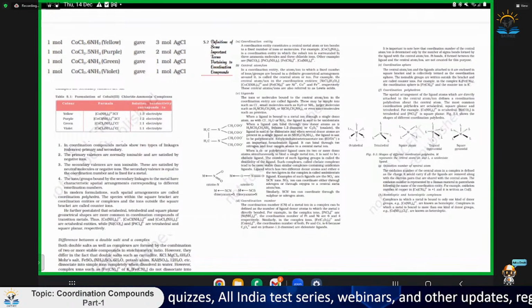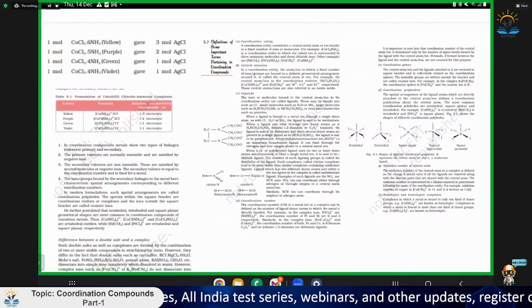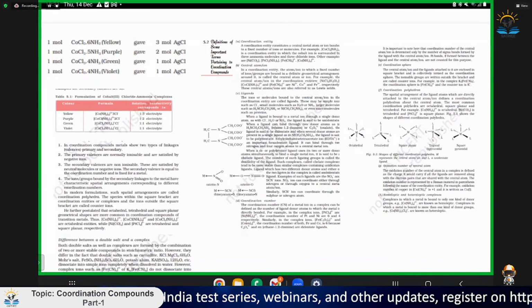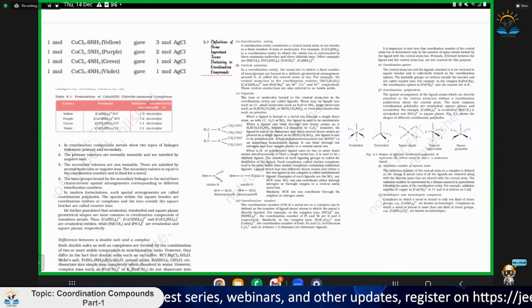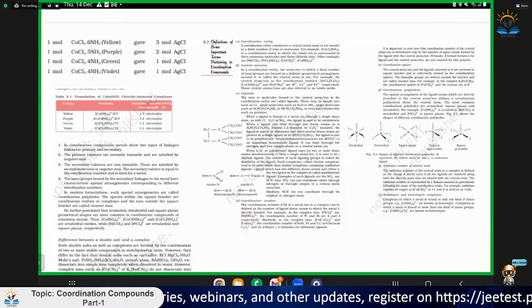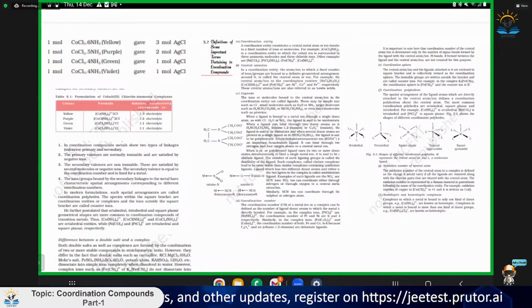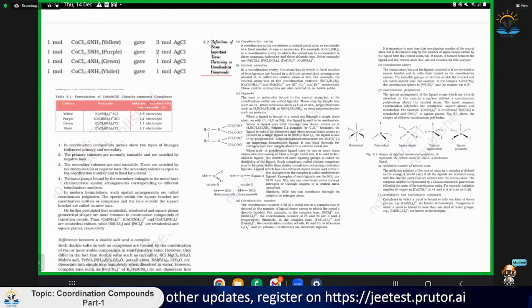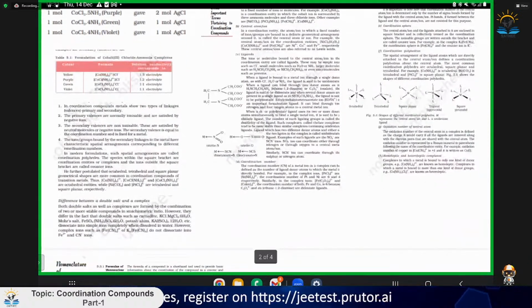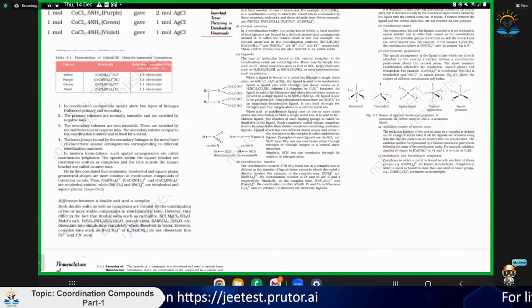Those are the postulates. In the example, these are coordination polyhedra. He further postulated that octahedral, tetrahedral and square planar shapes are more common, and that is also true.